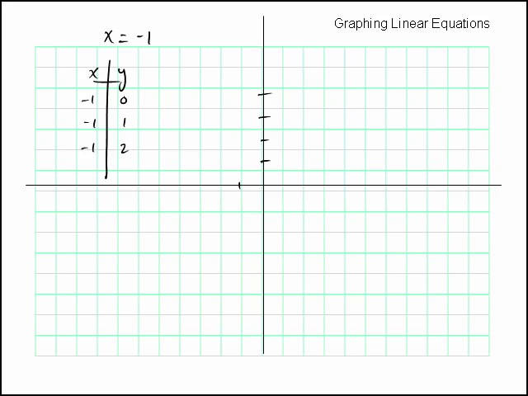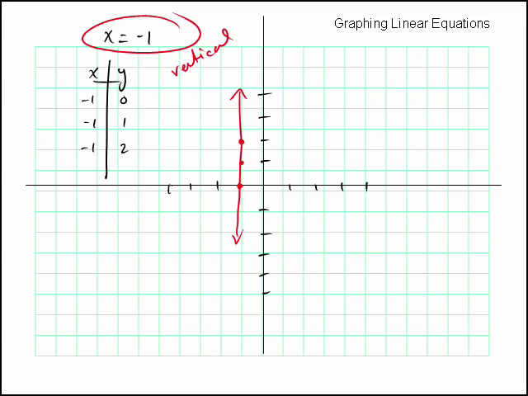If I plot these points, then we end up with (-1, 0), (-1, 1), (-1, 2). We end up with a vertical line. So a good thing to remember here is if there are no y's in the equation, it's just x equals a number, you should end up with a vertical line.